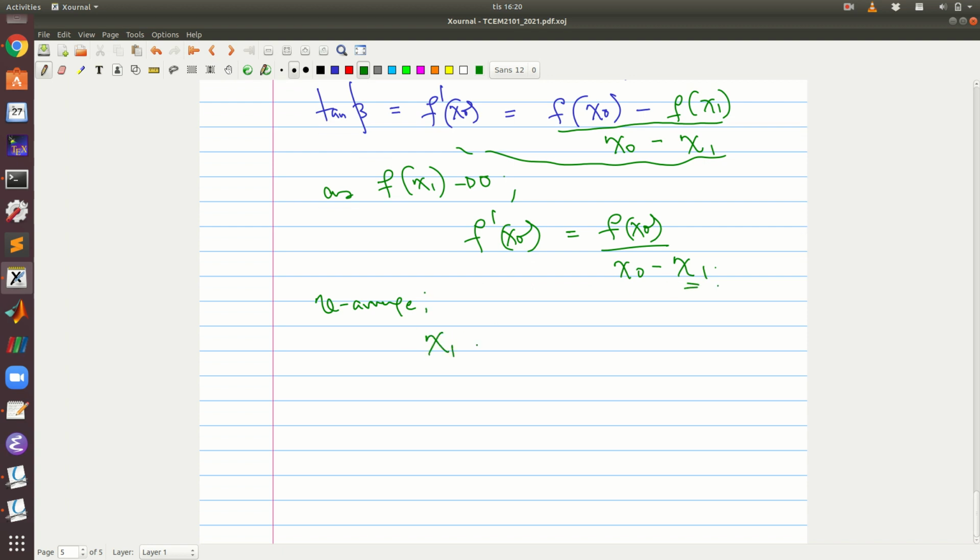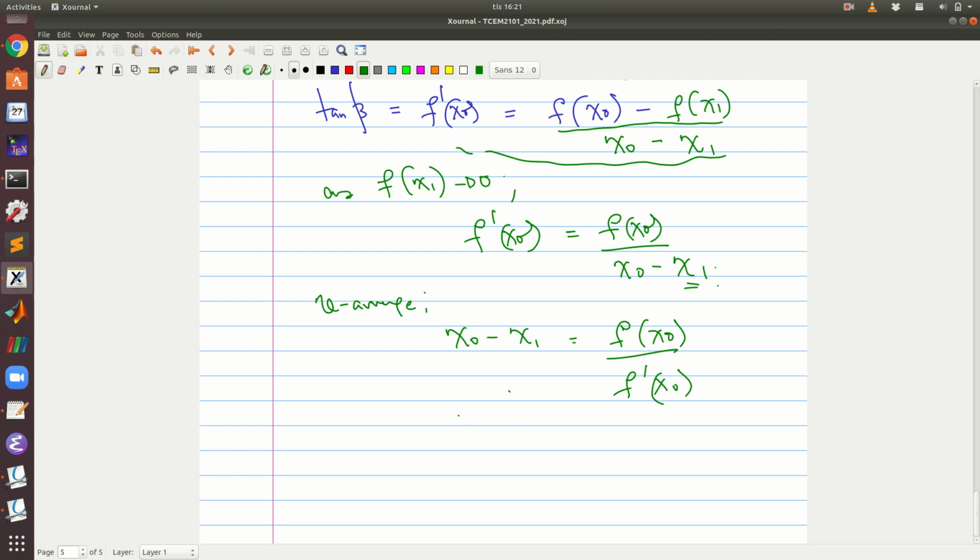Let's say x naught minus x1 equals f of x naught divided by f dash of x naught.